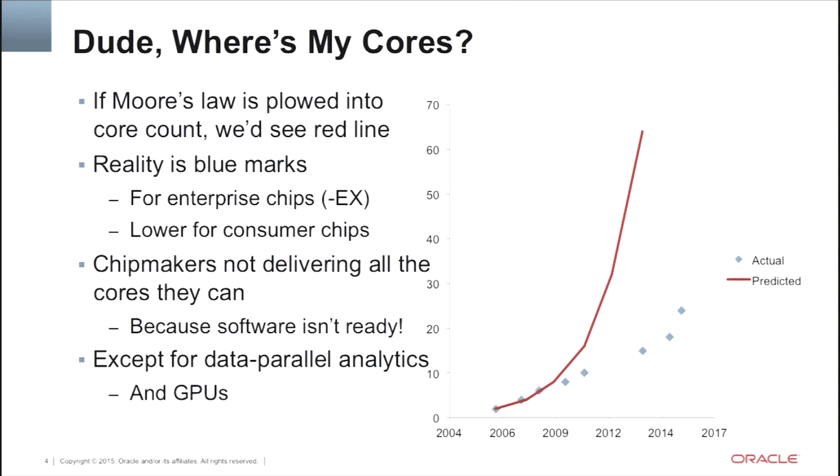The red line shows us how many cores we should have by now. The blue dots are how many cores are actually delivered by Intel's highest end chips, like the EX chips. We're seeing core counts topping out at 24, 32, something like that. And the core counts you're getting in desktop, laptop, and server grade machines are even smaller than that.